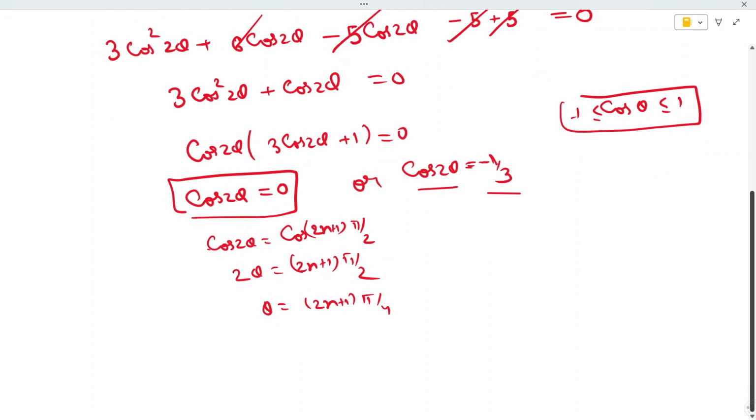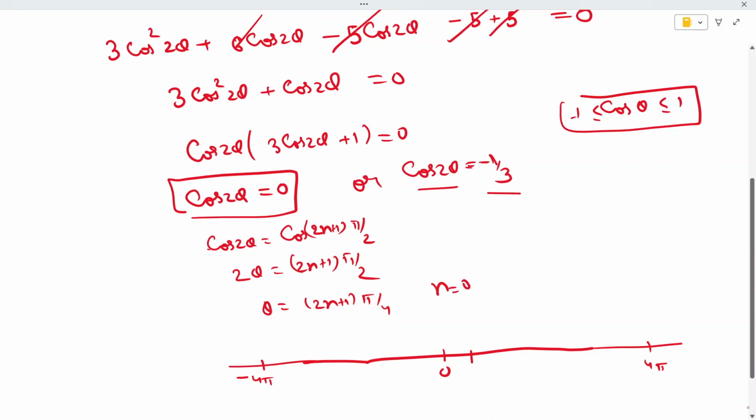Now we have to find the cardinality of S. Look, we have been given minus 4 pi to 4 pi. Assume that 0 is somewhere here. When you put n equal to 0, we get pi by 4 somewhere here. When you put n equal to 1, we get 3 pi by 4 somewhere here.